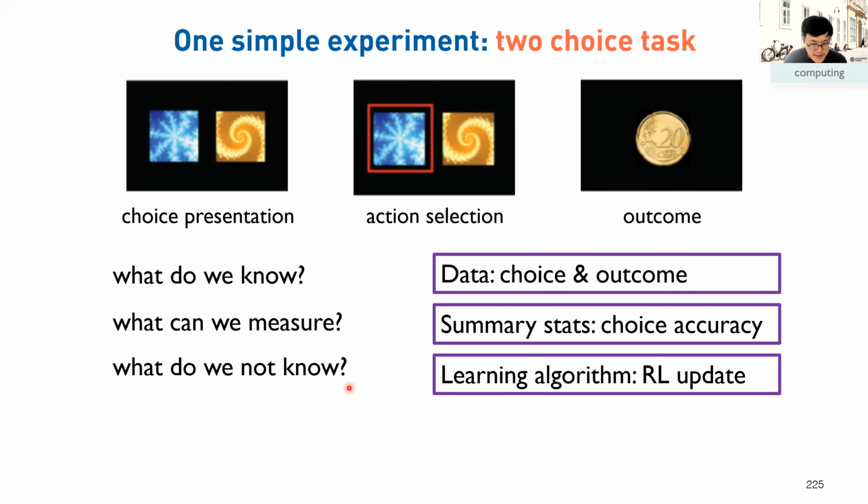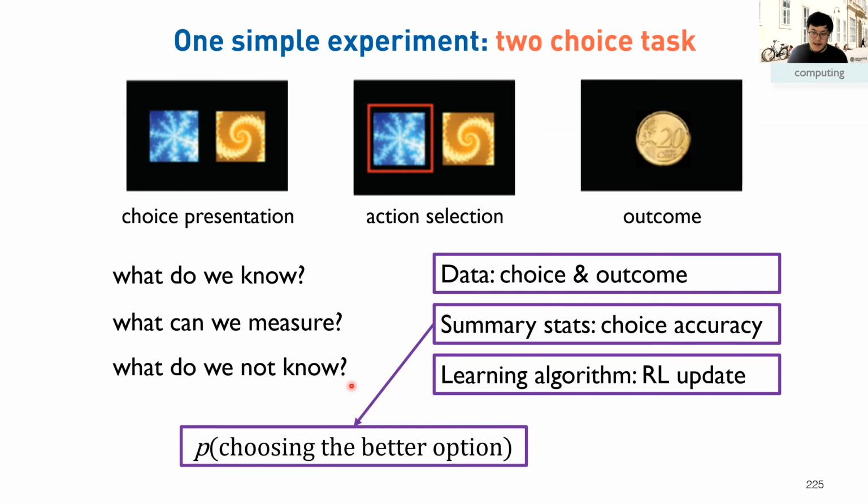What is the algorithm? Why do they behave this way? Those are a cognitive model, right? Because we are talking about reinforcement learning, we will use a reinforcement learning model to understand this behavior. And those are the things that we will be talking about in the next few minutes to have an introduction. Here it basically says to choose the more rewarding option.